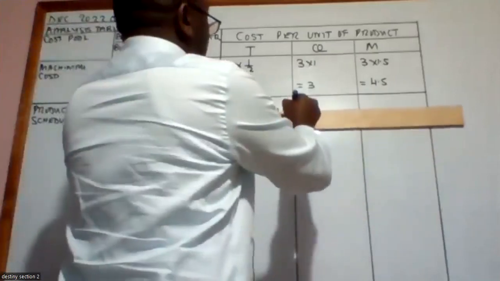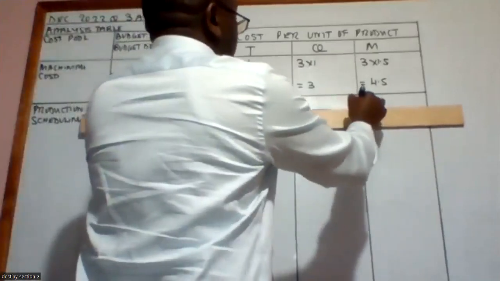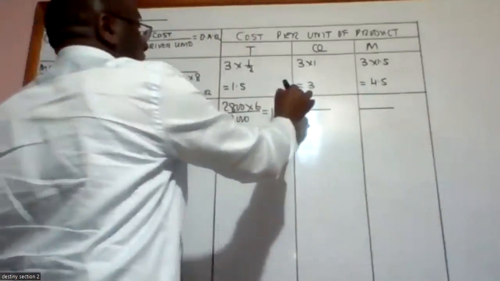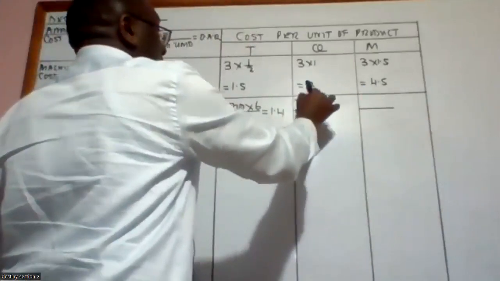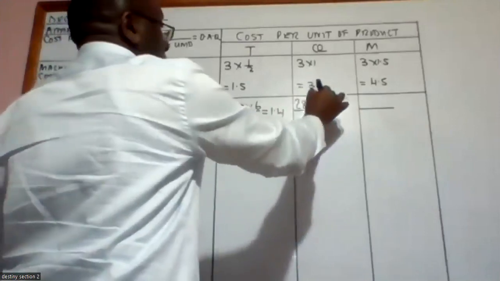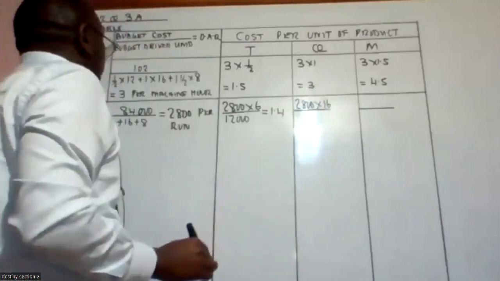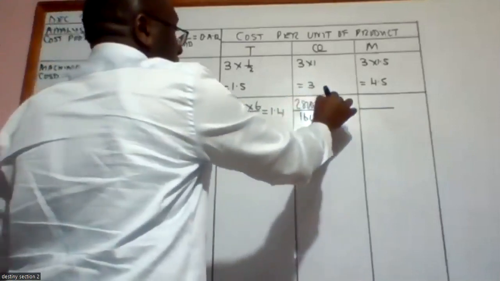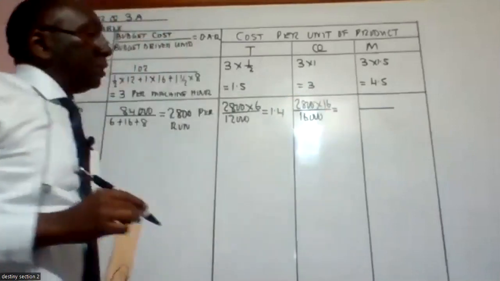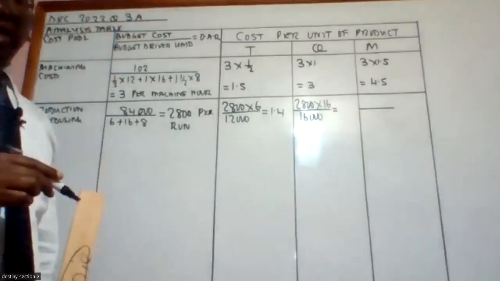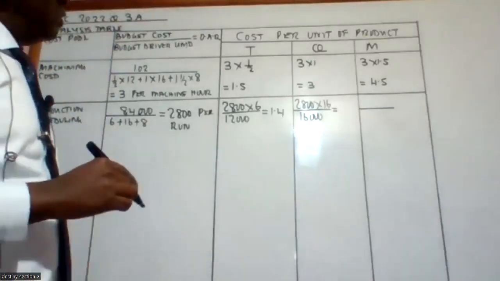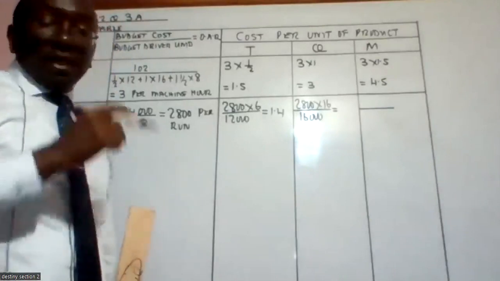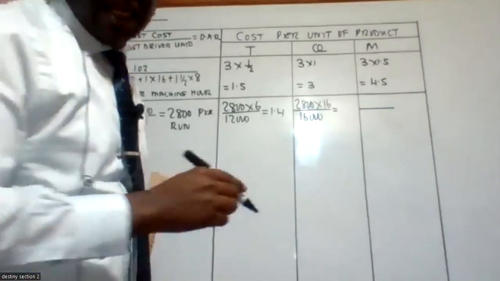Let us go to the next one and do the same thing, whereby we will say 2,800 times the number of production runs, which are 16. You divide by the number of units, which are 16,000. 2,800 times 16 divided by 16,000 is 2.8.